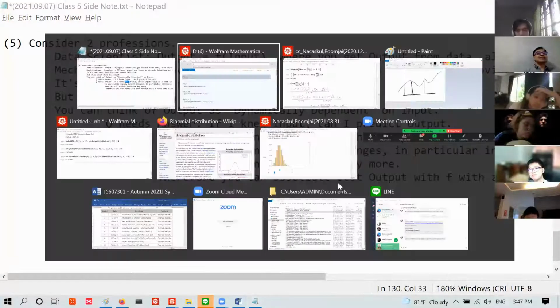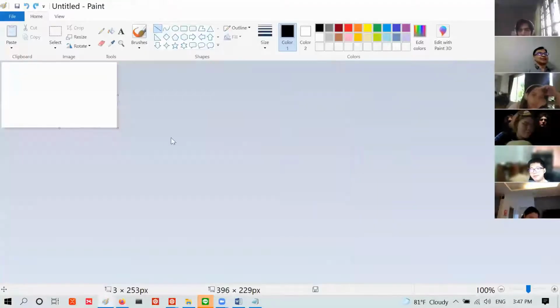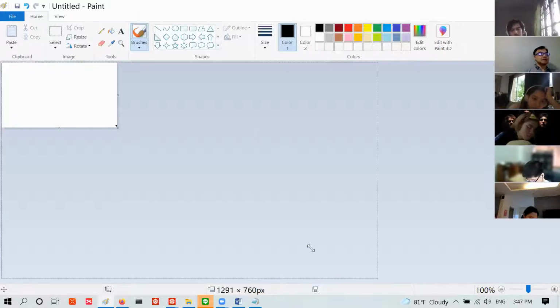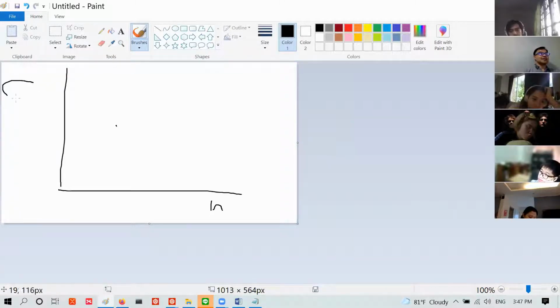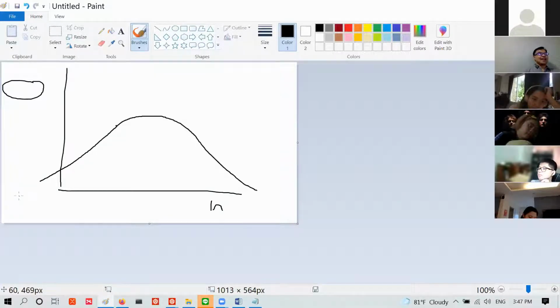What it means is this. This is your input. This is your output. And as you increase the input, you get more output. But at some point, you hit the maximum.